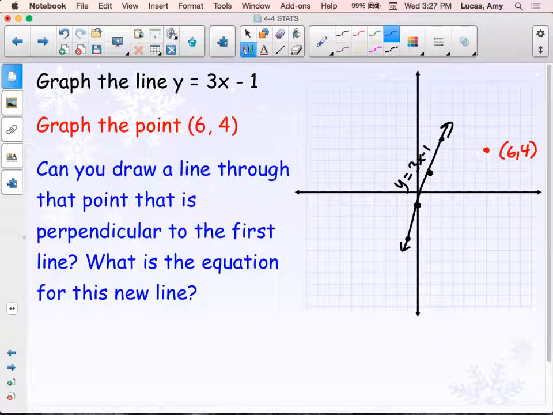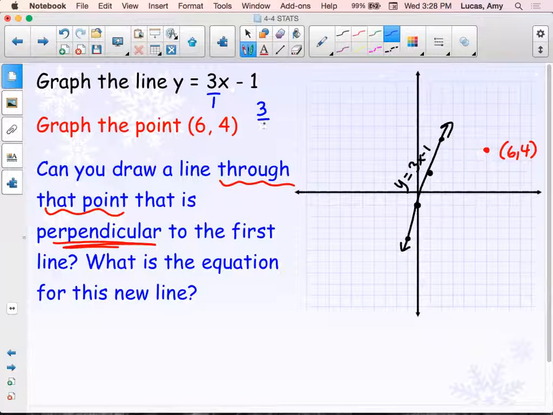Okay. Now we need to go through that point perpendicular to the line. So my original slope is 3 over 1. Flip it and change it. So it's going to be -1/3. So through this point, with my new slope -1/3, I'm going to go down 1 over 3, or reverse it.